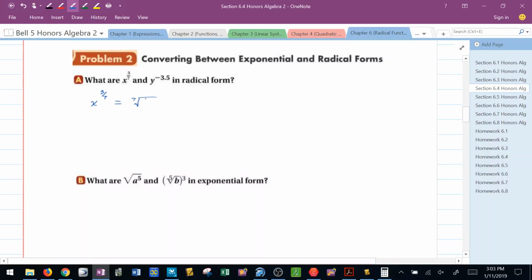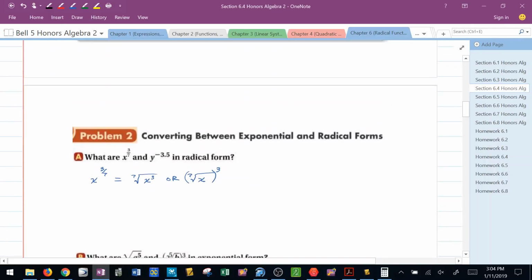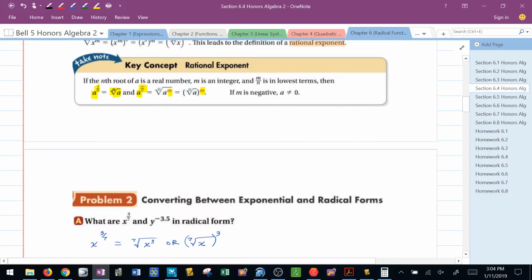I know that x is the radicand, and now I have an option. I can either put that 3 inside, which is how I would do this one, or I could rewrite this as the 7th root of x and take the entire quantity and cube it. Either one of these answers is technically correct, and the reason why they're correct is because of this rational exponent property.